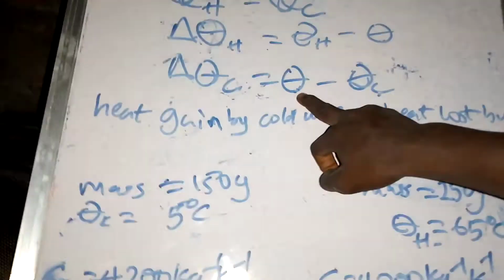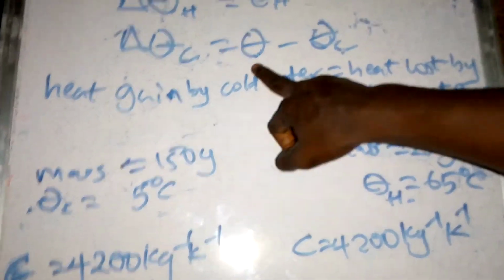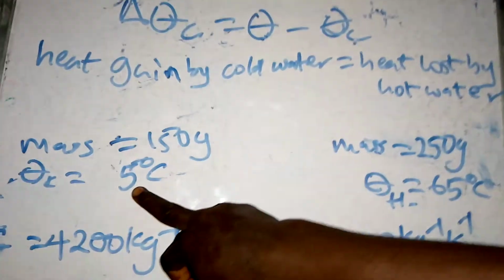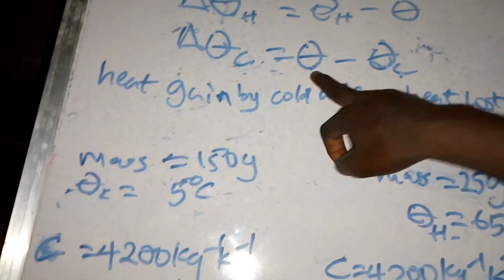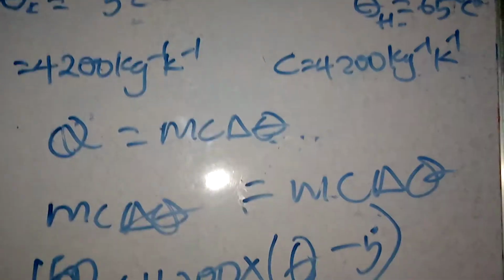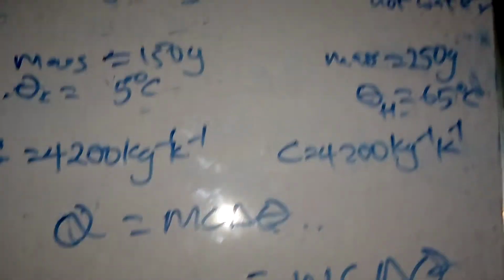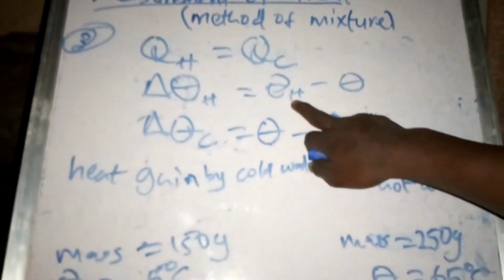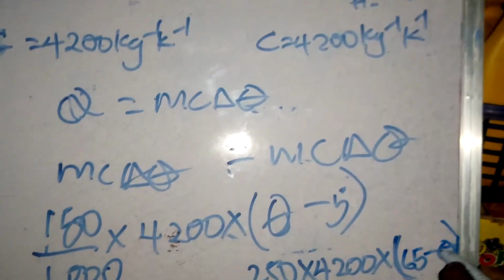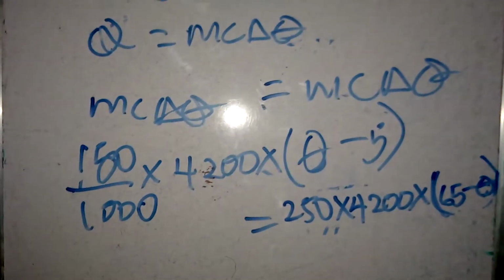So for the hot water, the hotness minus the final steady temperature, because this is not as hot as this, so it will be 65 minus theta. So the question asks us to look for the final steady temperature.